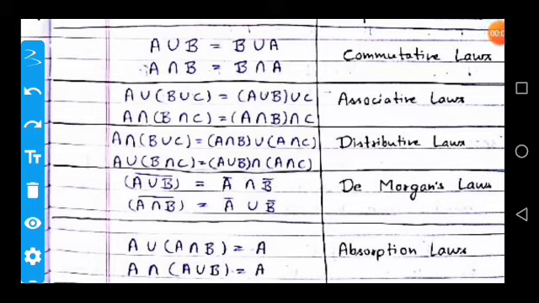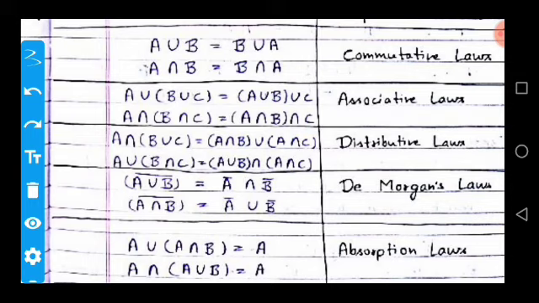Now the next rule is your De Morgan's law. De Morgan's law is represented like this: if we take the complement of an intersection or union operation, we get the complements with the operators interchanged. So after applying the complement, the complement of A union B is equivalent to A complement intersection B complement.